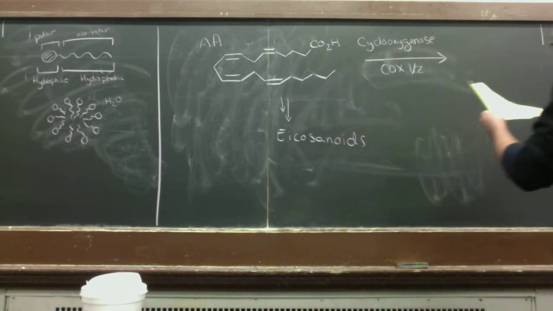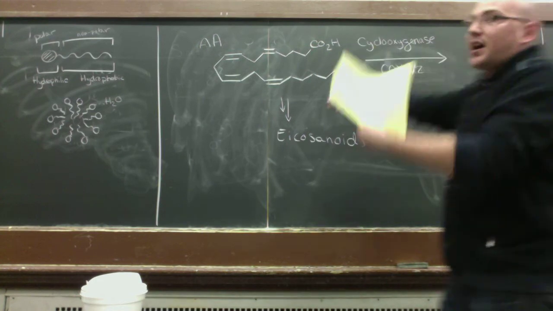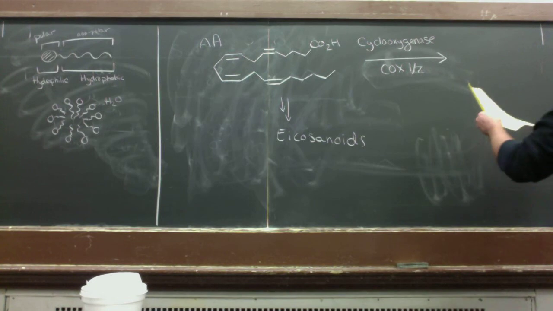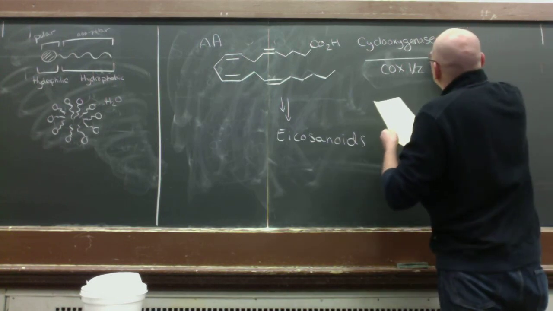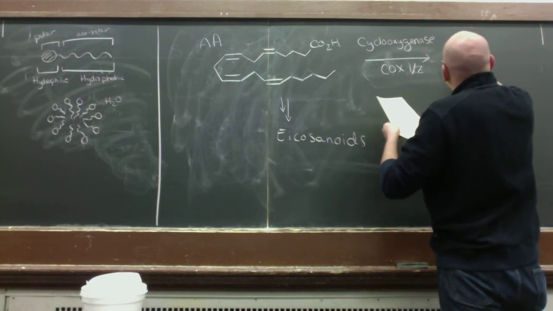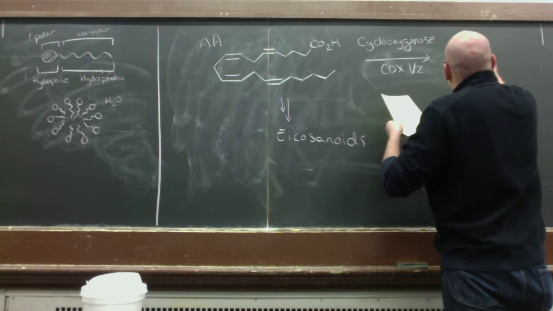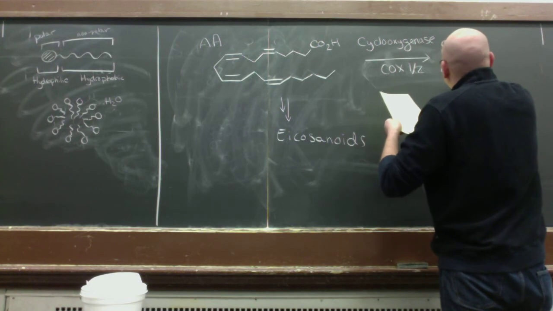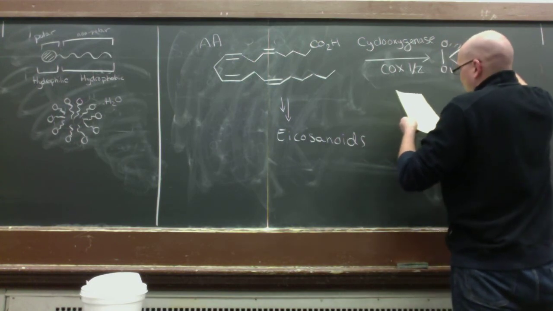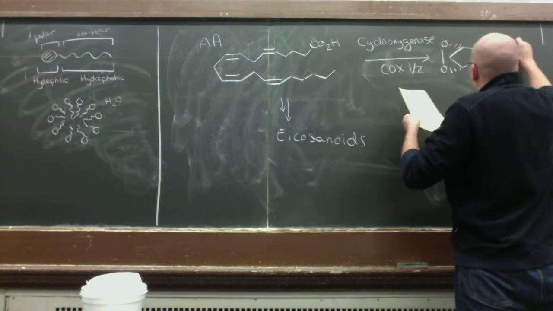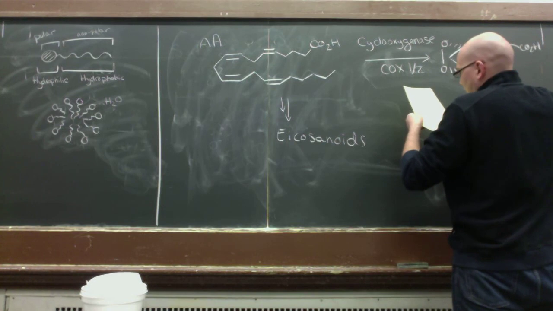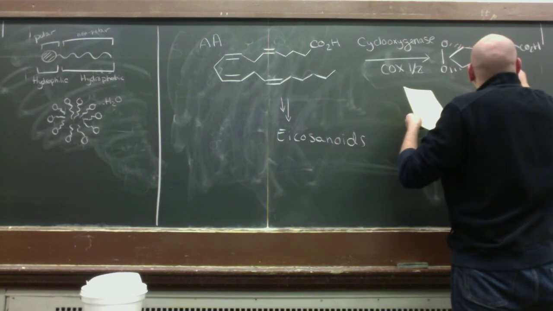What cyclooxygenase does is it will sort of oxidize and cyclize this molecule to generate a new molecule. I have a peroxide there.